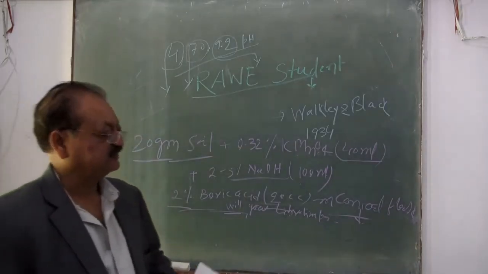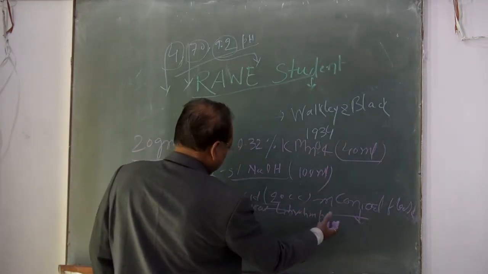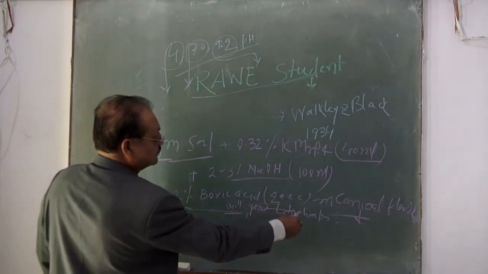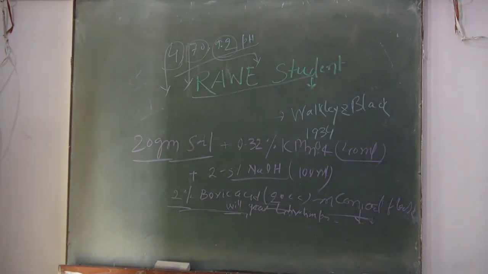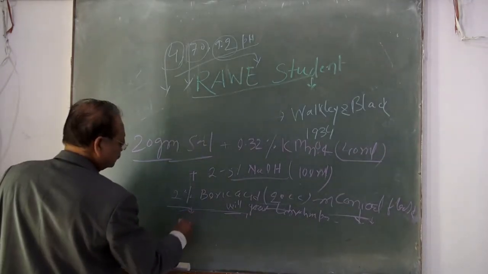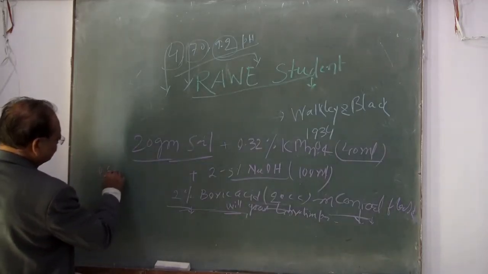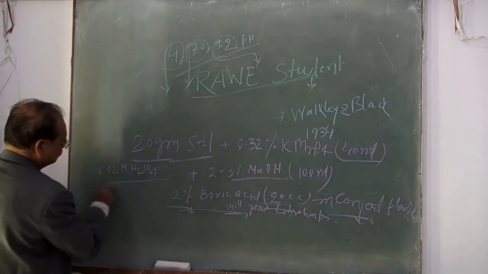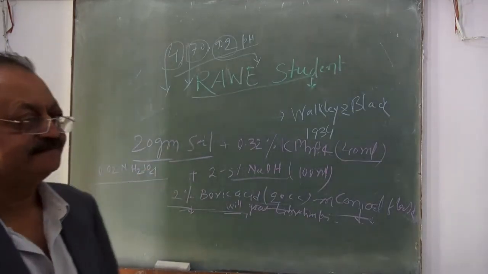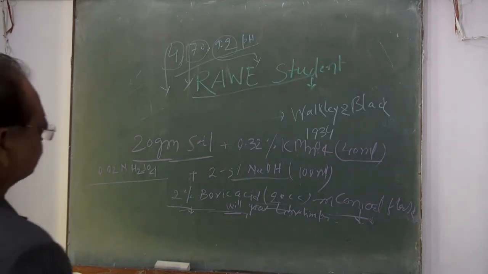After completion of distillation, you remove this conical flask, the receiver, which contains 2% boric acid, 20 cc, and titrate it with 0.02 N sulfuric acid, H2SO4.